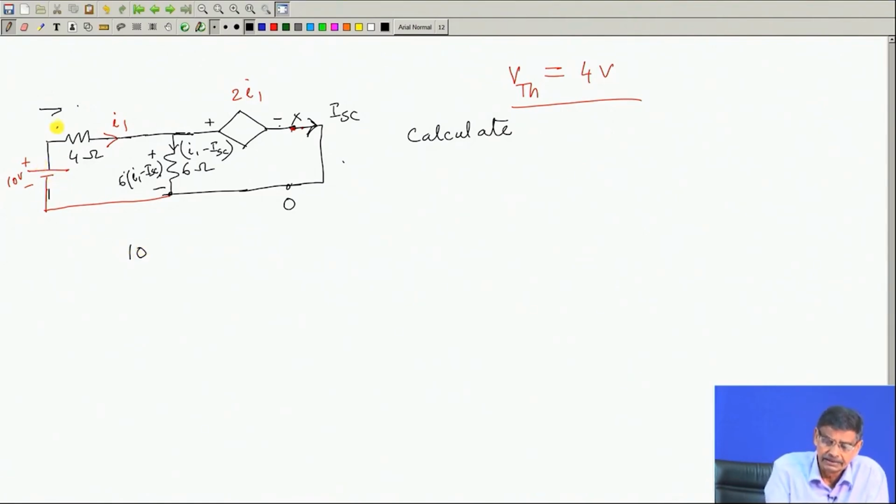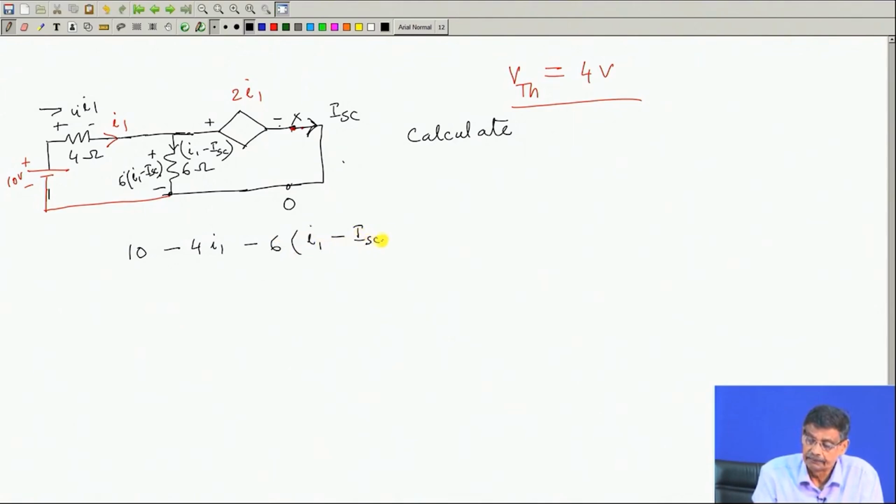I may make a mistake, point that out. This is 4 I1, that is what I have assumed. So, this is 10 minus 4 I1 minus 6 into (I1 minus ISC) equal to 0.